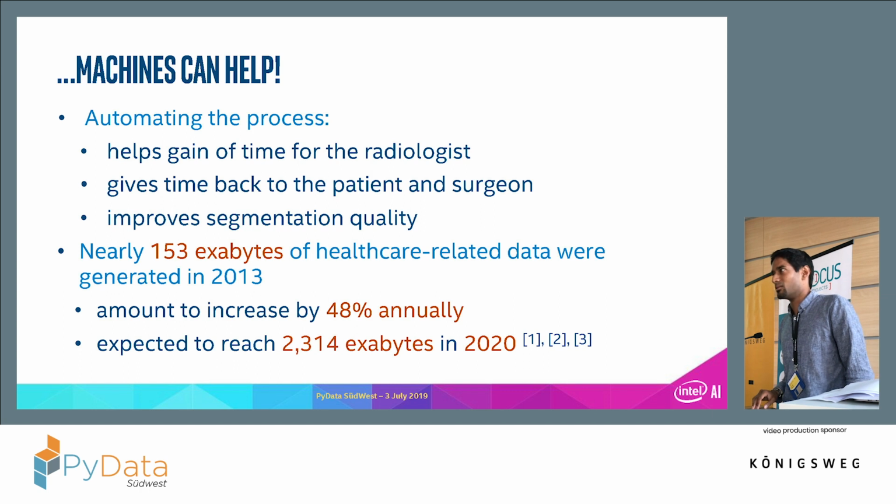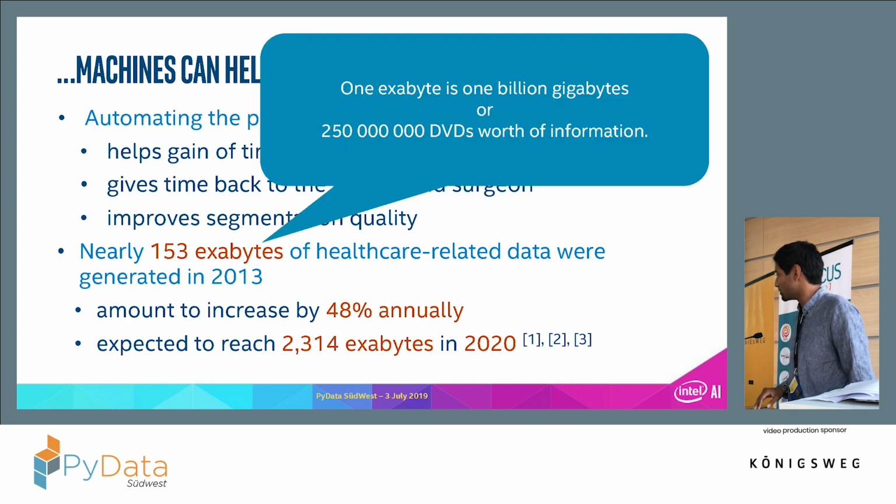And now you may ask, what is an exabyte, right? So 1 exabyte is 1 billion gigabytes, or 250 million DVDs worth of information. So that's a lot of data. And 2,000 of these, it's a lot. So we have a lot of data, so big data. And it's now time for computers to crunch all this data and give us good results, right?